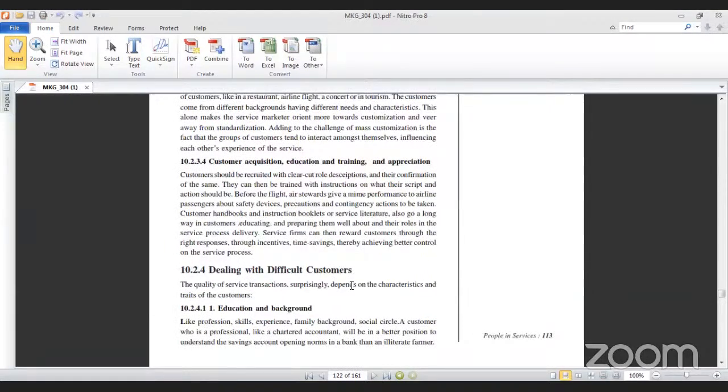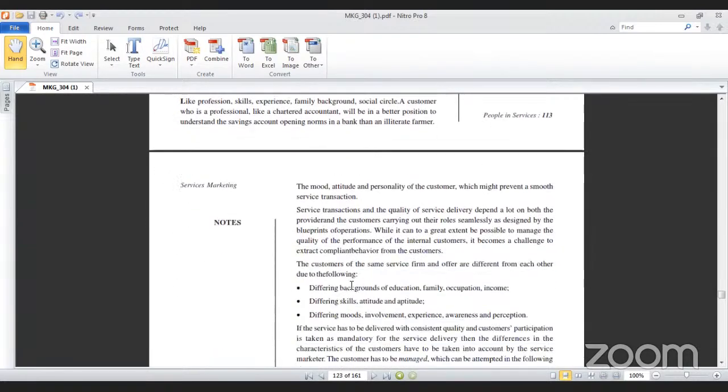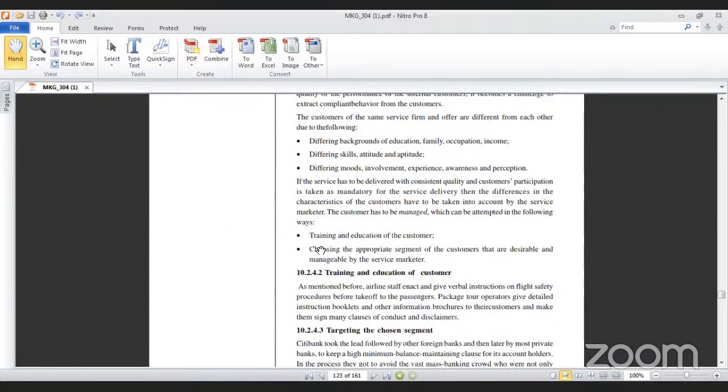Dealing with different customers, the quality of service transaction depends on the characteristics and traits of the customer. Customers of the same service often differ from each other due to differing backgrounds of education, family, occupation, income, different skill, attitude, and aptitude, different moods, involvement, experience, awareness, and perceptions.